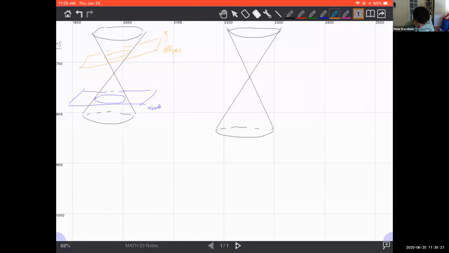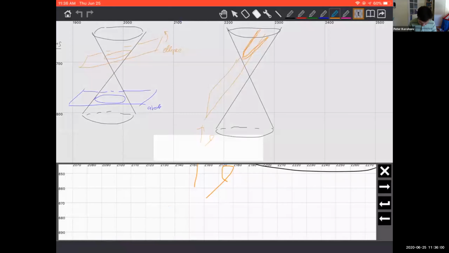I guess I need a new cone here. So you cut it like that. The plane goes like that, and it intersects the cross section. It's a curve that looks like this, and then goes to infinity. And it doesn't intersect the second half of the cone because these two are parallel to each other.